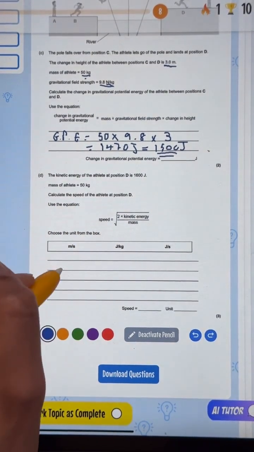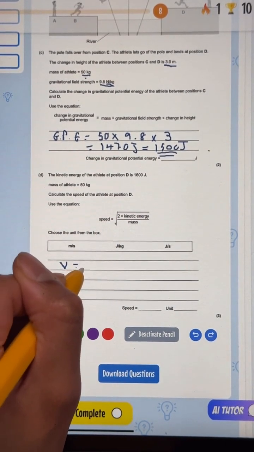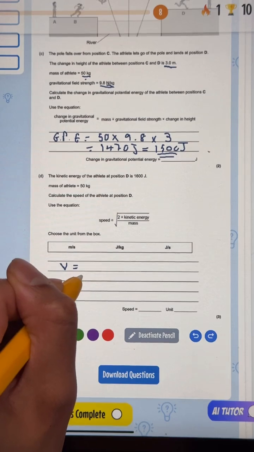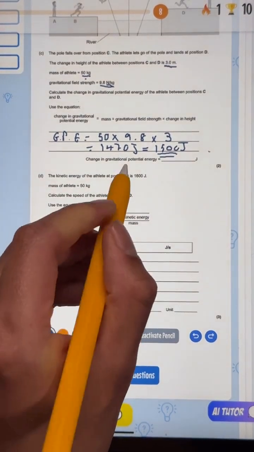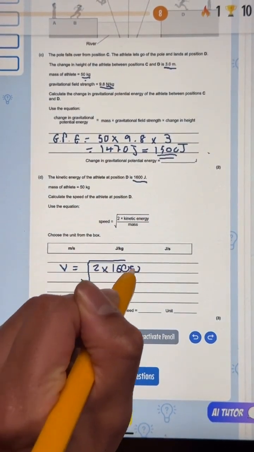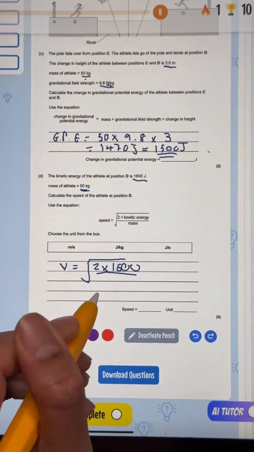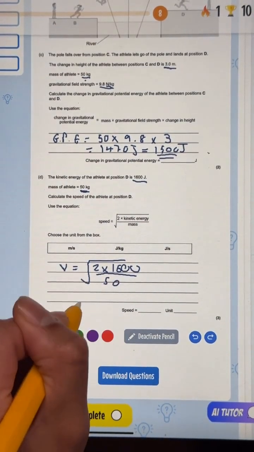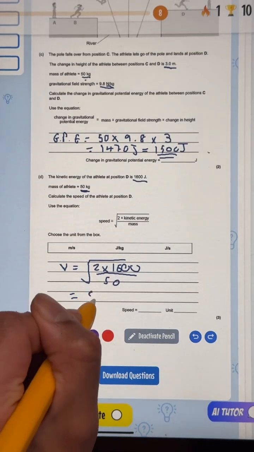Speed, I'm just going to put V for short, is the square root of 2 times the kinetic energy, which they've given as 1,600 joules, over the mass, which they've given as 50 kilograms. So putting that into your calculator, you'll get a value of 8.